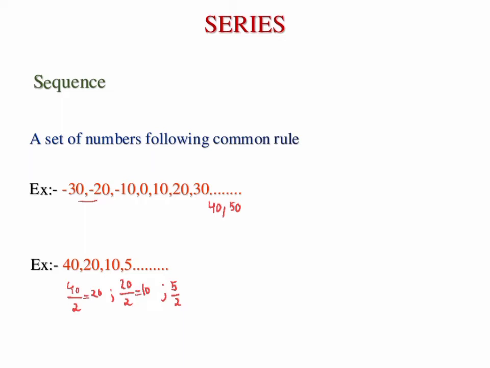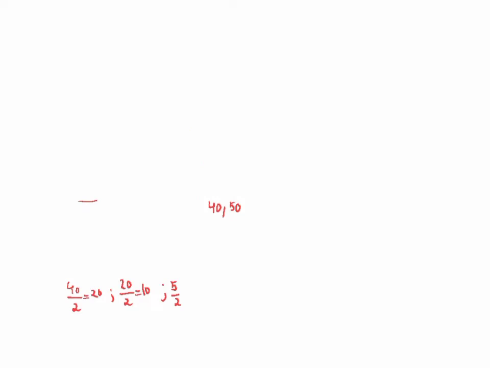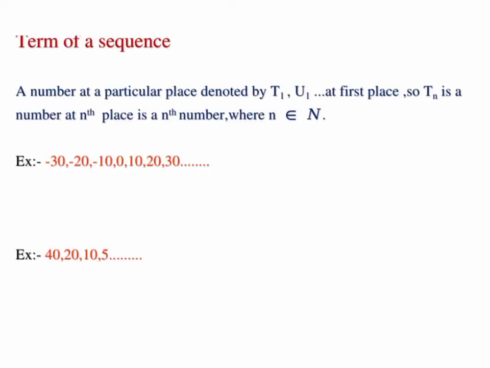So now let's see some terminologies here. Each and every number we call a term of a sequence. A number at a particular place is denoted by t1 at the first place. So tn is the number at the nth place, where n belongs to natural numbers.